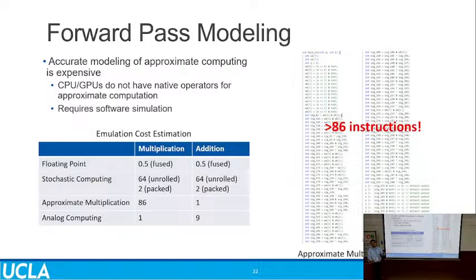You'll have to do the addition with your own custom kernel and then repackage things. The effective slowdown can easily be 2 orders of magnitude. That's why, if you carefully look at papers on approximate computing based accelerators, they still talk about MNIST as a data set and really, really tiny models, because scaling the training is just very, very hard.